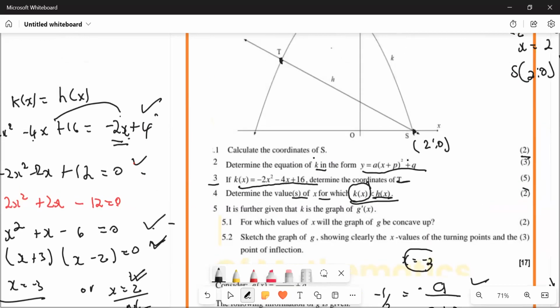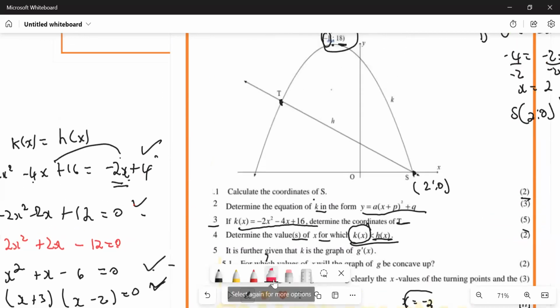Let's go and check where k of x is below. You go and highlight where k of x is below. Now, if you look here, k of x is below here. H of x is above, k of x is below. Even here, starting from here, k of x is below. If you continue with this, if you were to extend it, it is going to look like this.